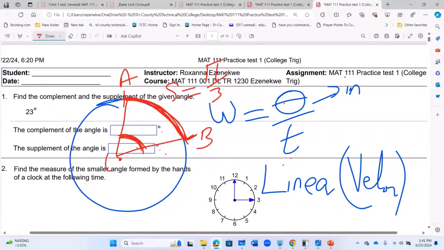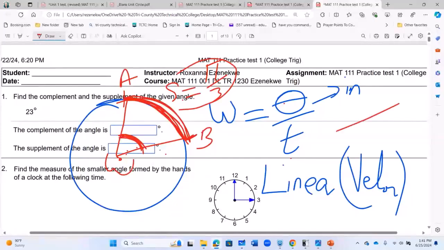So omega is talking about the angle in the center, the central angle. The arc length is talking about a part of the circumference. Length is length, but it's not the linear length.